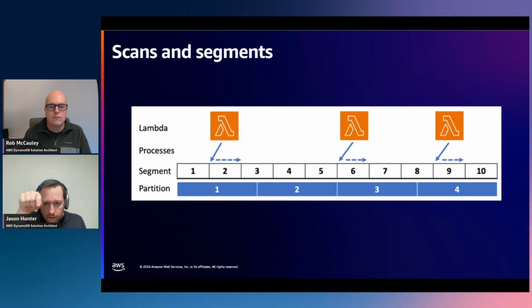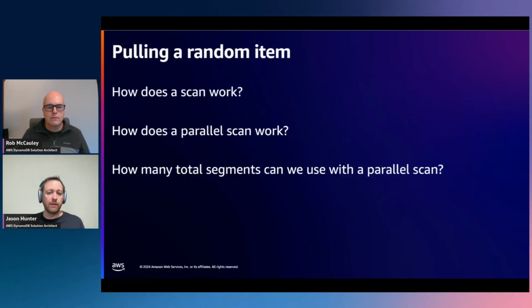And each of those little consumers could start at the first one or the second one or the third one. It's not really related to the partitions. So if you did this and you had 1,000 segments, you'd get 1,000 random positions in the table to pull from. Yeah, right? That would work. Mm-hmm. So that's kind of good, I think.